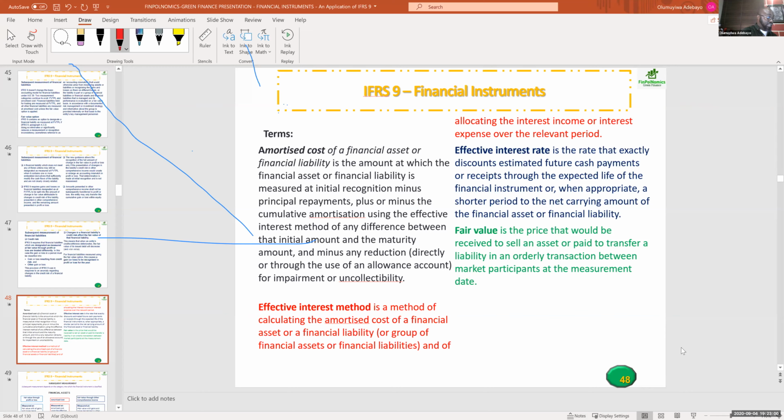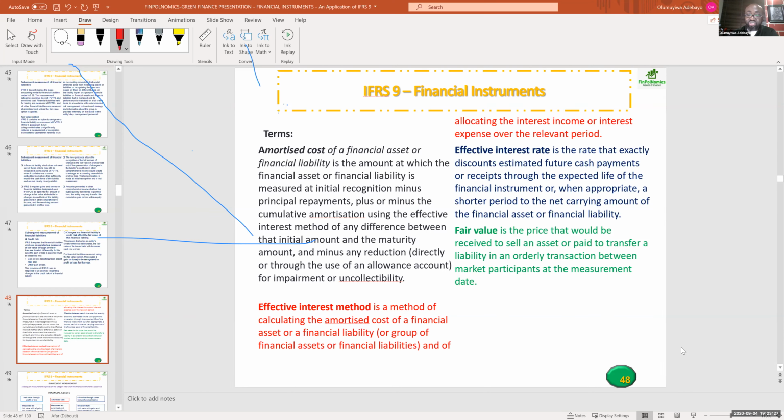How do you obtain that? You obtain it by approximating the present value of cash flows invested with the present value of the outflow, which means you are looking for a rate that makes sure that at the end of the day, the difference between the present value of inflow and present value of outflow equals 0. And that is the position of the standard.